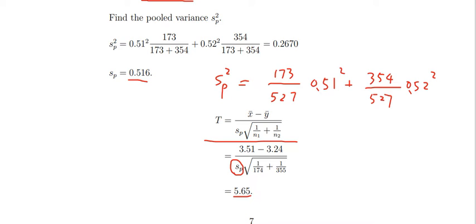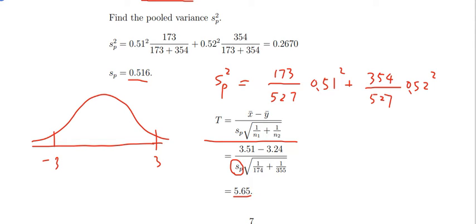Then we need to check this number, determine whether it is a big number or small number, so we can find the critical value. But this 5.65 is too big, right? Remember, for standard normal, 3 or negative 3 is a big number.